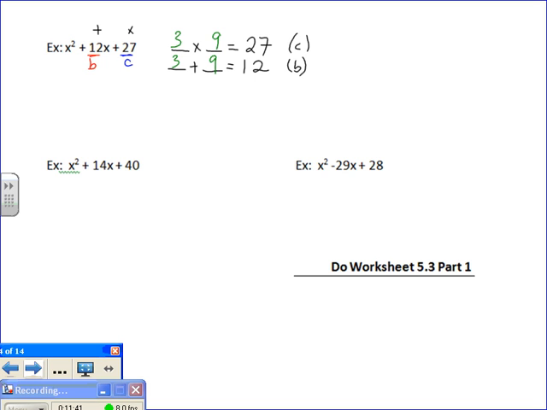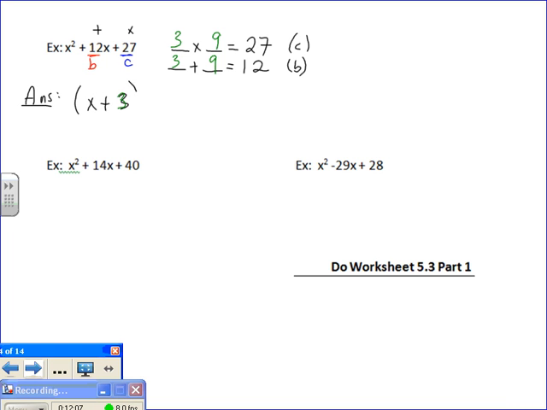So 3 and 9 work: they multiply to give me 27, and they add to give me 12. So there's my two terms. I'm going to factor this now. Here's my answer. I'm going to write this as a product of binomials. So I've got x plus the first term, which is 3.